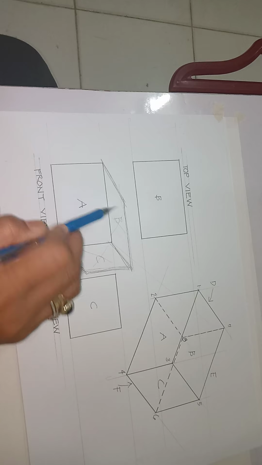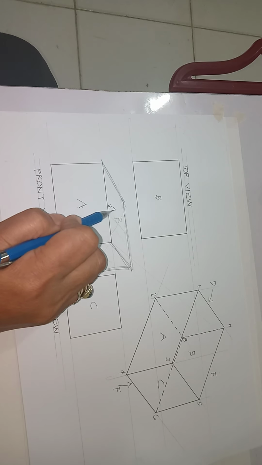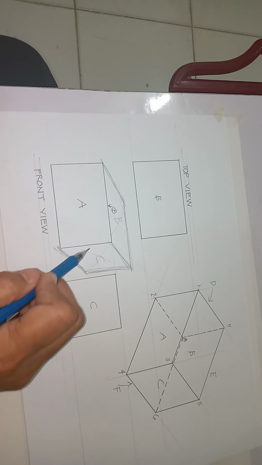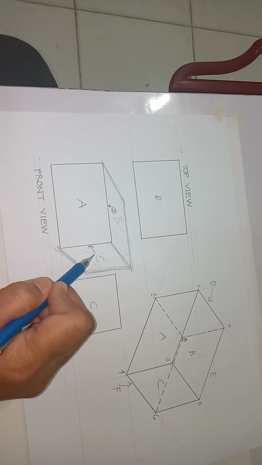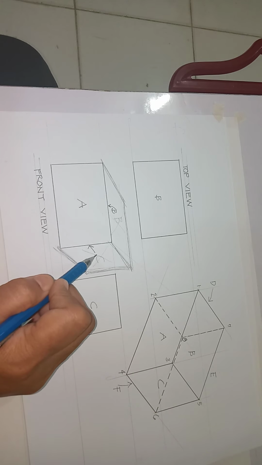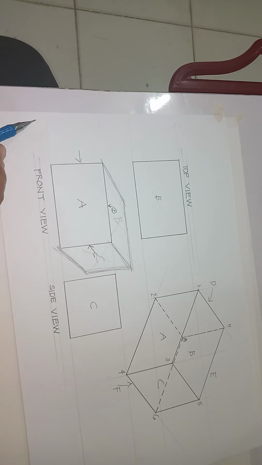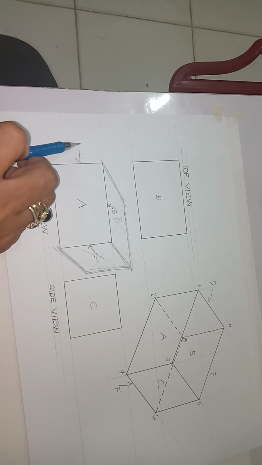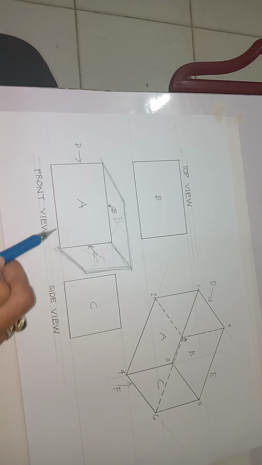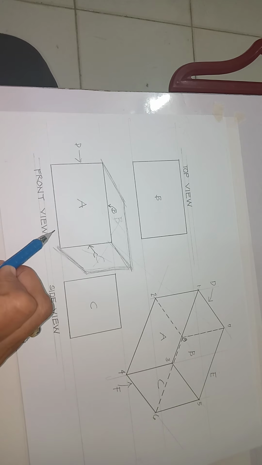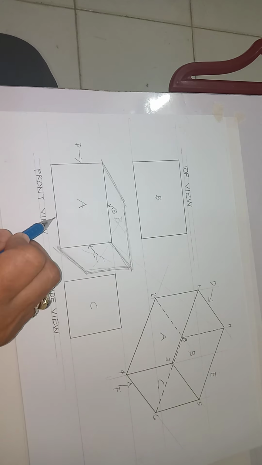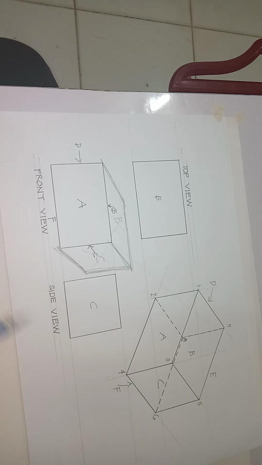So this line becomes our surface B. This line will become our surface C, while this line will be our surface D, and the one under, the bottom portion, is our surface F. Okay, so now let's go to our side view.